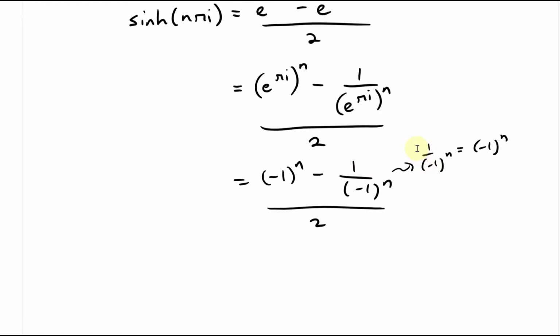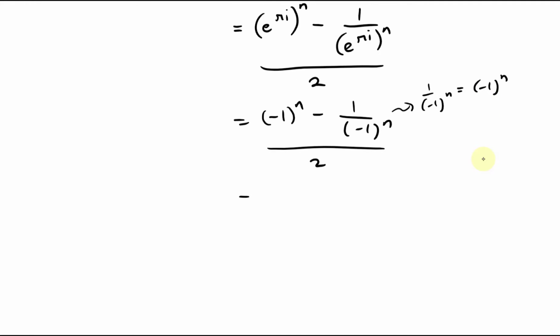Because if the bottom is negative 1, the only absolute value it can be is 1, and it's either negative or positive. If the bottom's negative, the whole thing's negative. If the top is negative, the whole thing's negative. So this is just equal to negative 1 to the power of n. So what we have is (negative 1 to the power of n minus negative 1 to the power of n) over 2. These just cancel. This equals 0.